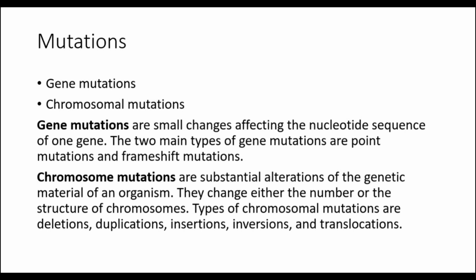Gene mutation is basically a small change that affects the nucleotide sequence of one gene. The two main types of gene mutations are point mutation and frame shift mutation. In the following slides, we will discuss point mutation and frame shift mutation.